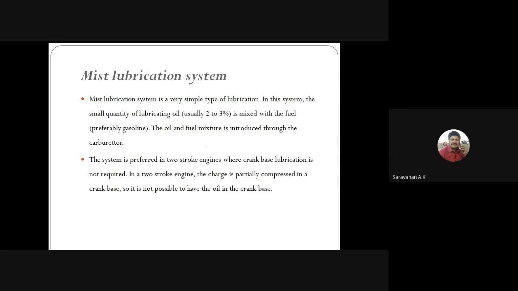What's the difference between the Excel Chamber, that is the scooters? Earlier days you may have seen that while giving petrol to the engine, we have to add some lubricating oils. Nowadays also we can put the oil in the petrol tank itself for particular engines.